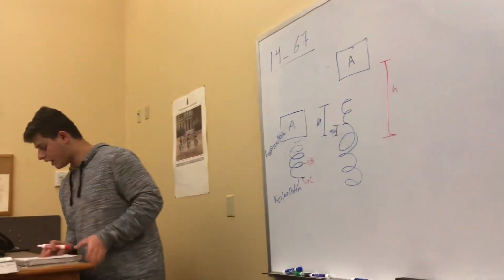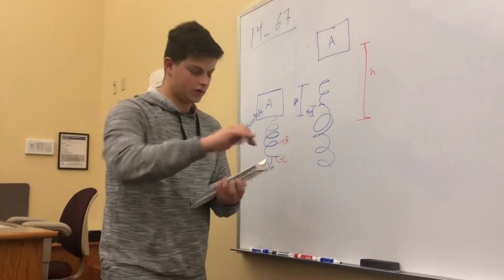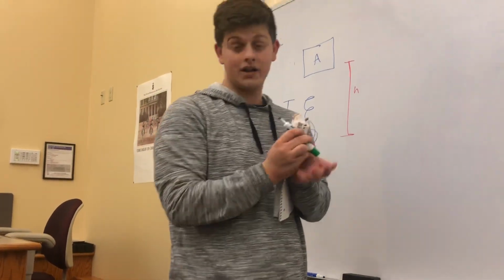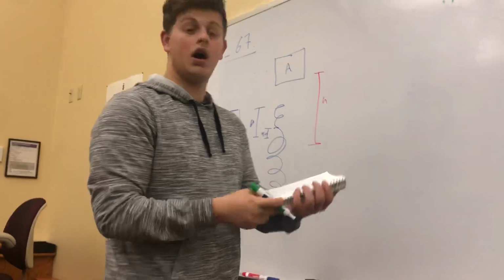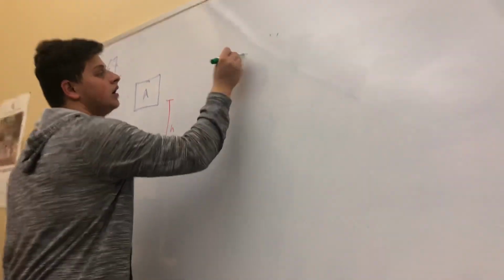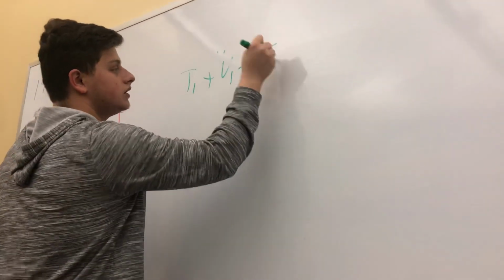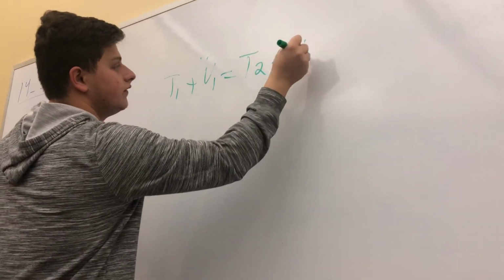So to solve this problem, obviously, we're also gonna use our conservation of energy equation, which you guys will probably know by now. T1 plus V1 equal to T2 plus V2.